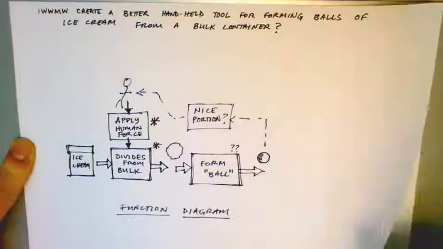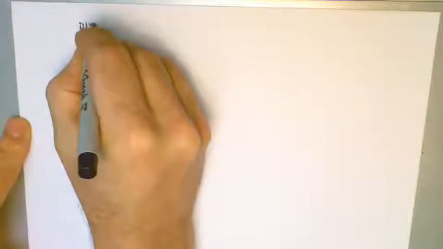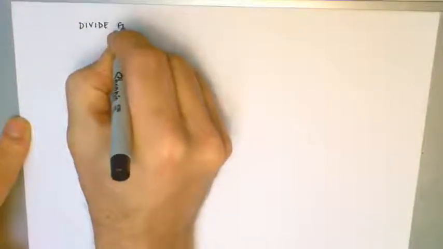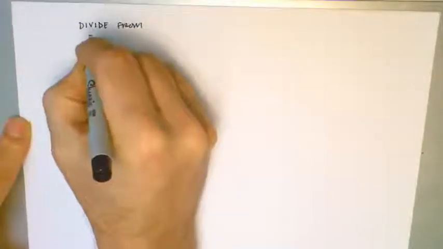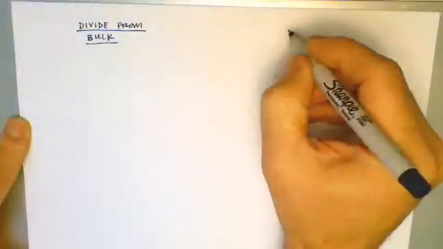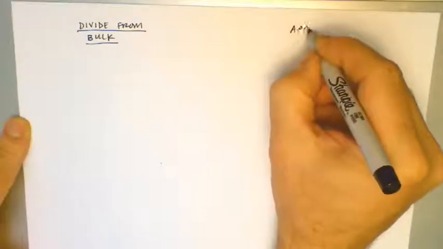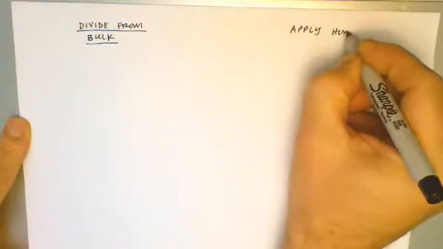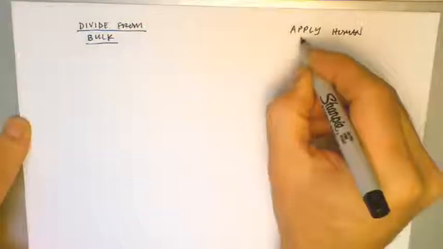All right, so let me show you how that works. So we're going to divide our design problem into just two pieces, and the pieces are going to be divide from bulk and apply human power.